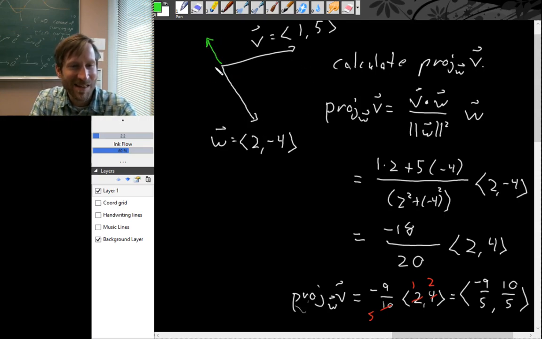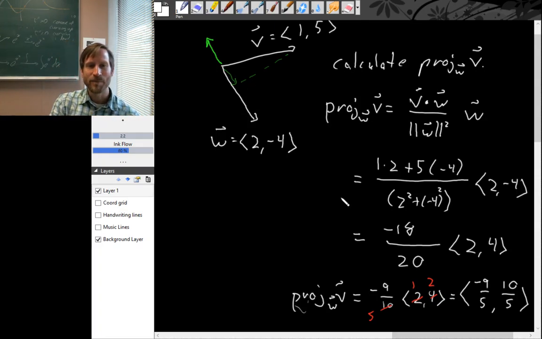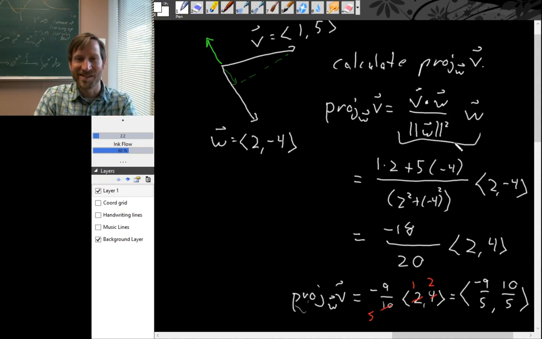That makes me think this picture is very inaccurate, because it would make it look like the projection points down and to the right. But that can't be the case because we just calculated the projection and it doesn't point down and to the right. So this picture is not very good. Ignoring that detail, hopefully this gives you an idea of what the projection is calculating and how nice this formula is. This formula is very, very clean.